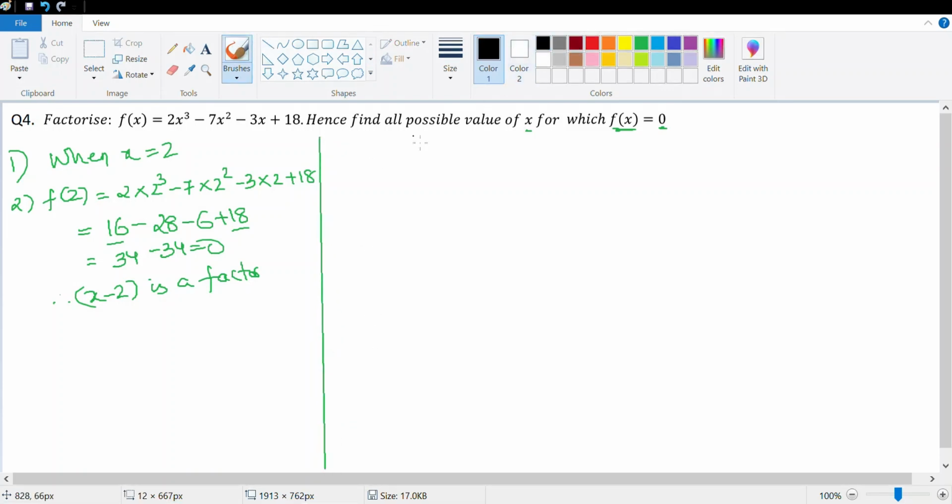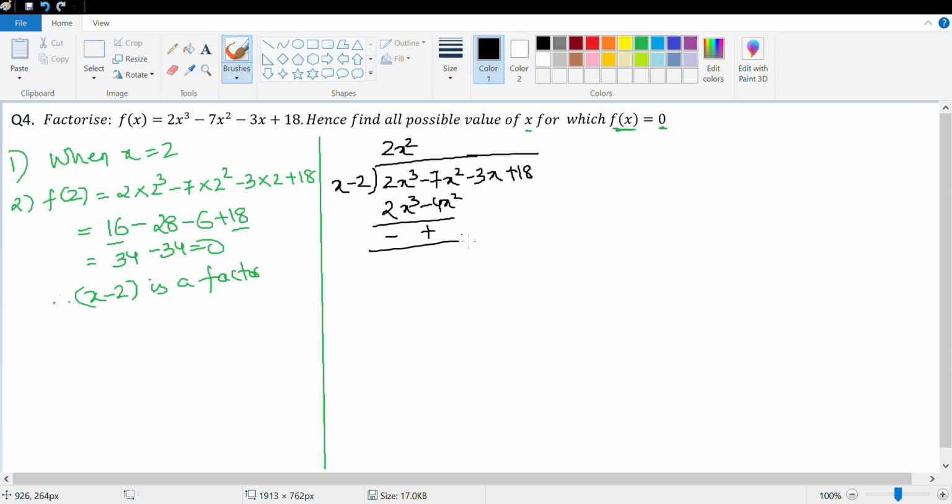So what we have is x minus 2 dividing 2x cube minus 7x square minus 3x plus 18. So I multiply x with 2x square, that gives me 2x cube minus 4x square. Subtract, we have negative 7 plus 4, that's negative 3x square minus 3x plus 18.